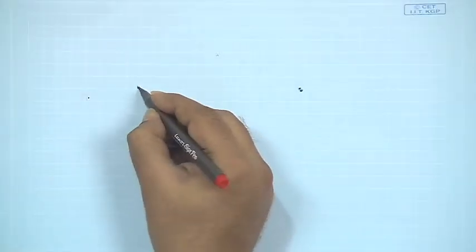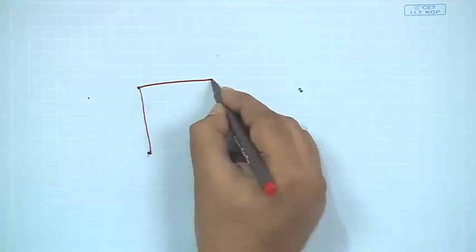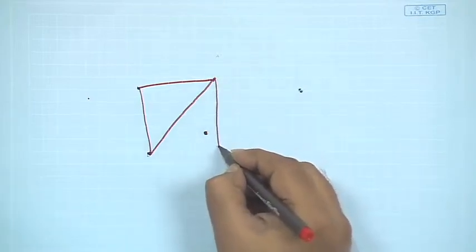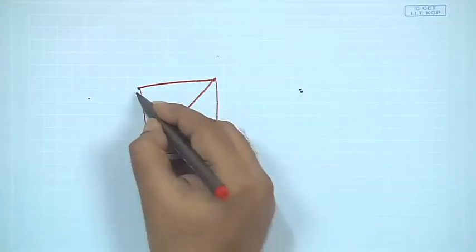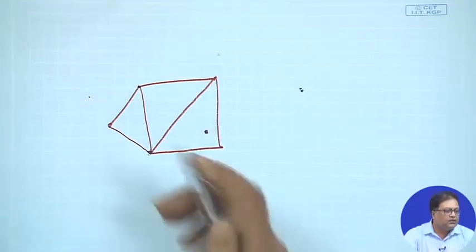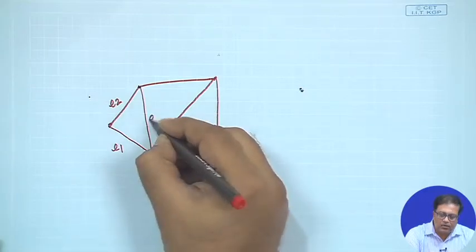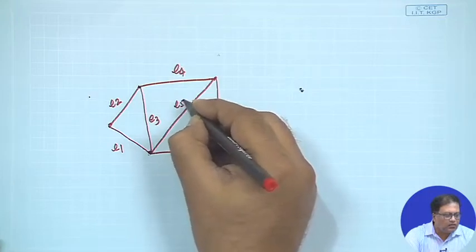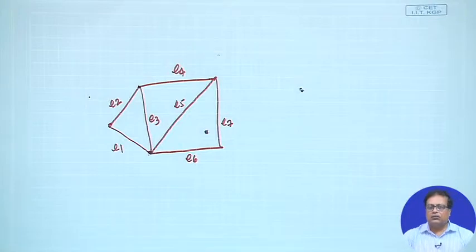So supposing we have this, then this, and this, and then this. So this is our graph. This graph has edges E1, E2, E3, E4, E5, E6 and E7.